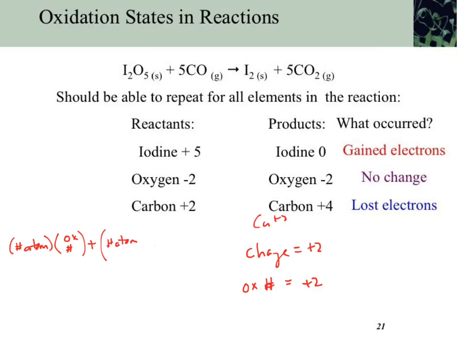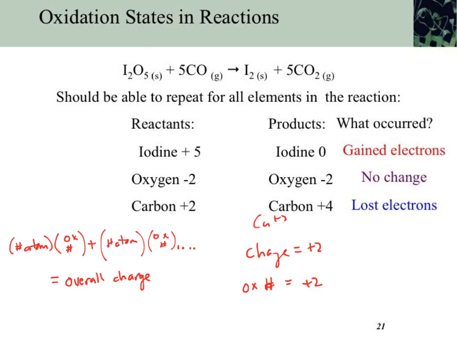So how many of them are there? Times the oxidation number of that atom. And we do this all the way out for the entire formula. Once we've got the entire formula and we sum all of those values, what does that end up equaling? The overall charge on that molecule.